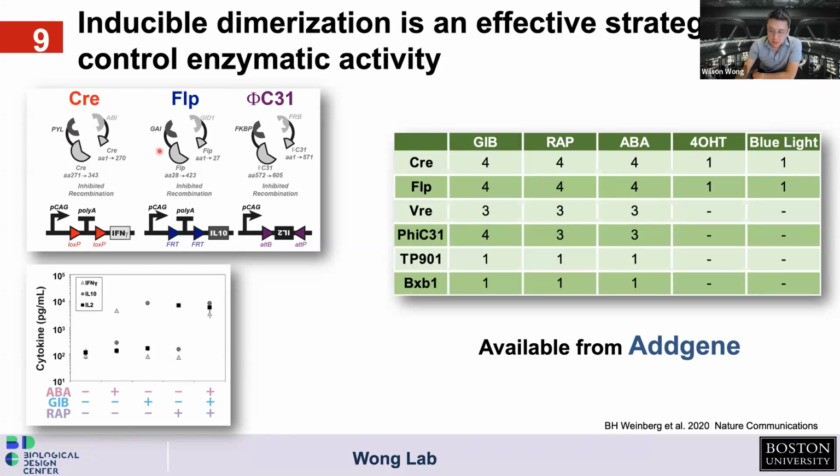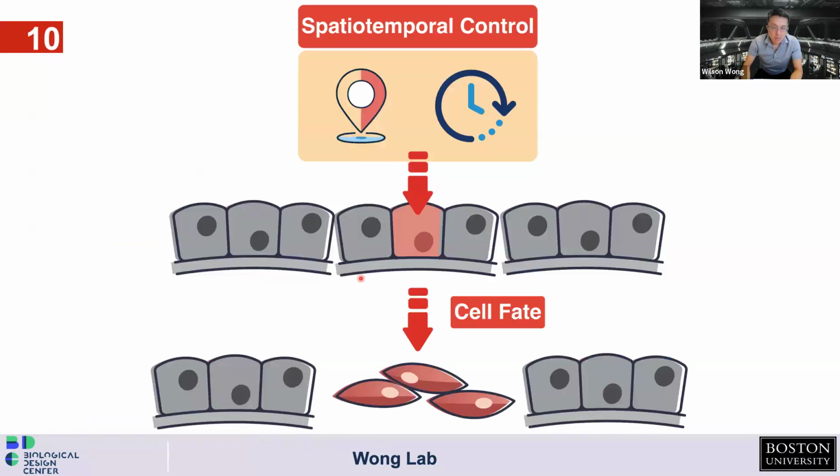We ended up building about 20 different inducible systems with 6 different recombinases, and 4 different drugs, and even with blue light as well. We actually tried it out in animals as well, and showed that we can induce gene expression like interferon gamma and cytokine production. These are old works that were done a few years ago.